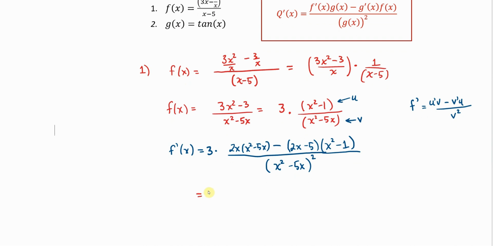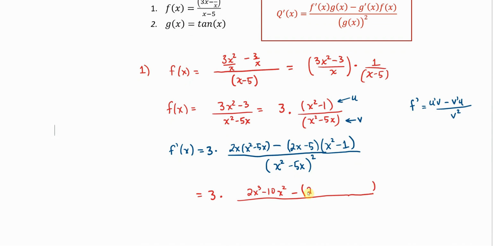So I still have the 3 in front. When I distribute all of this in the numerator, and generally the denominator I leave alone, in the numerator I'm going to get 2x cubed minus 10x squared, minus, and I'm going to put a big parentheses here because I'm actually subtracting that whole thing. That's something that people often forget.